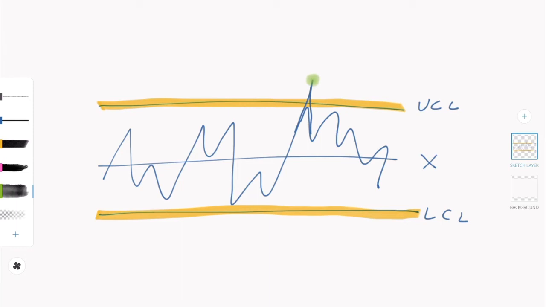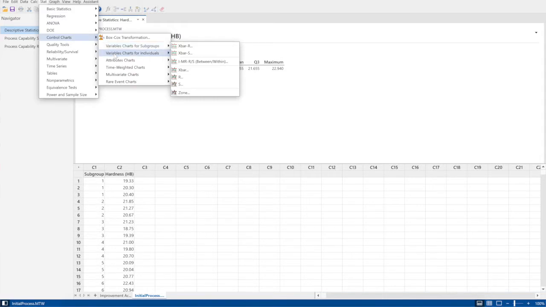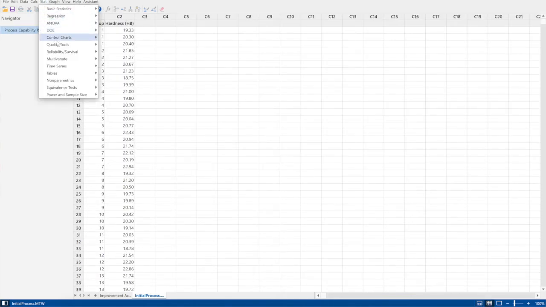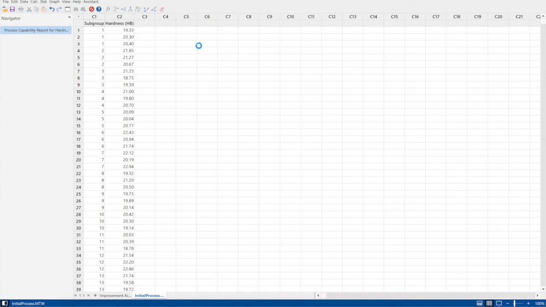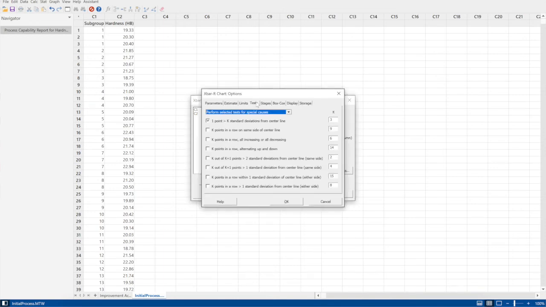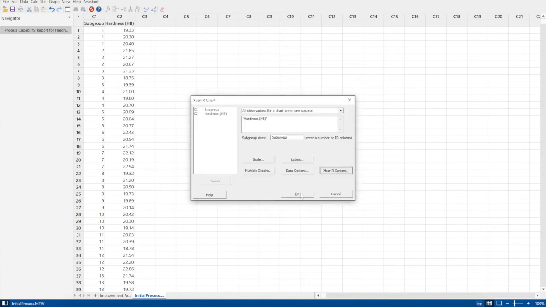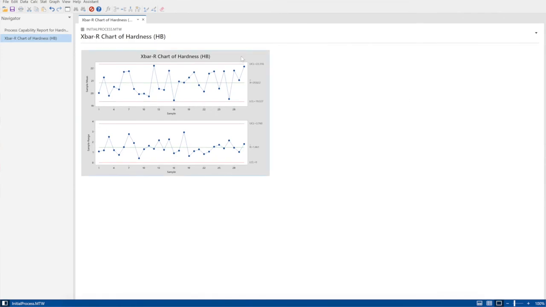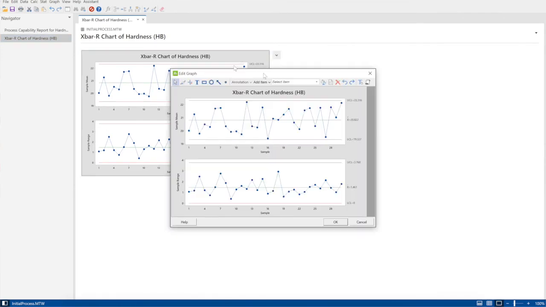It is very simple as a tool, but believe me, there are a lot of control charts, as you can see in the Minitab menu. Control charts require that you use the right chart for the right problem, and you have to know the theory behind them in order to always use and interpret them correctly. In Minitab, you have all the control charts, both the classical ones and the advanced ones.